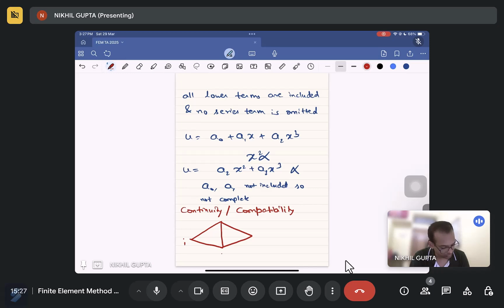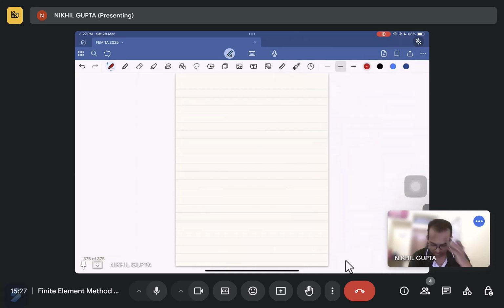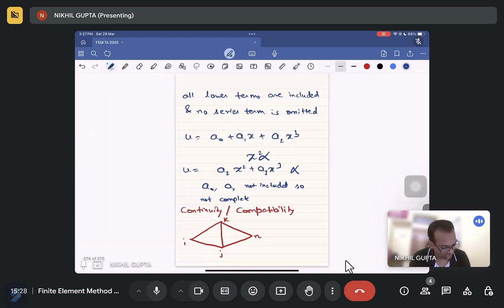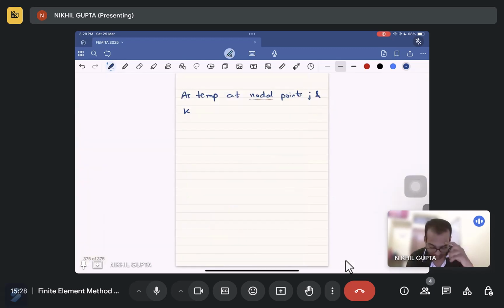Let's say this is node I, this is node J, this is node K, this is node N. The temperature at nodal points J and K, which are common to both of the connected triangles, are the same.